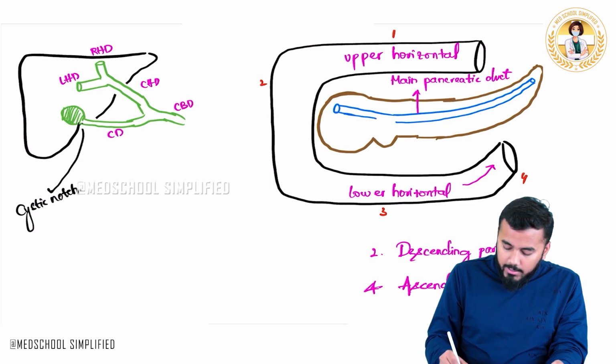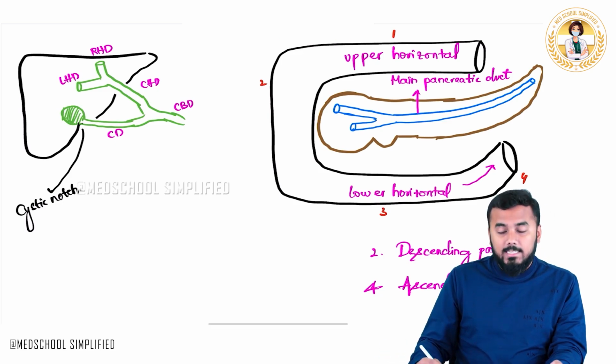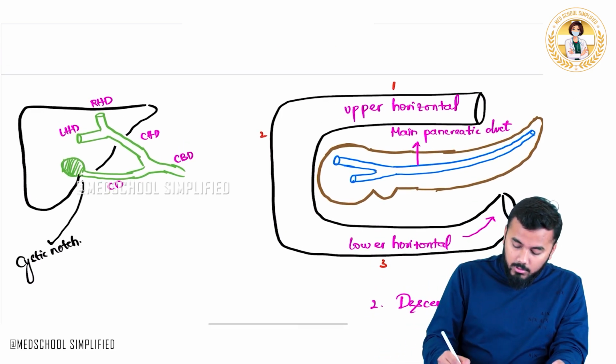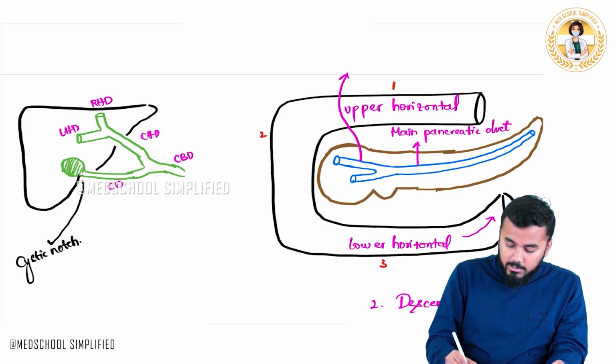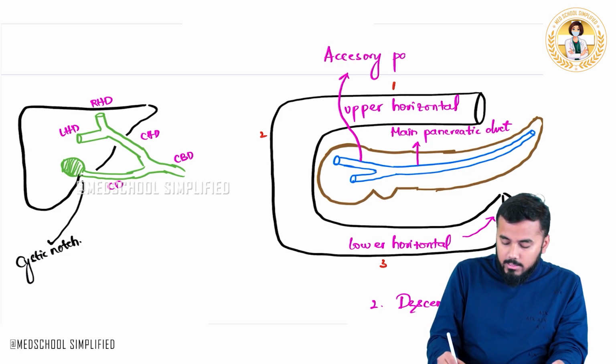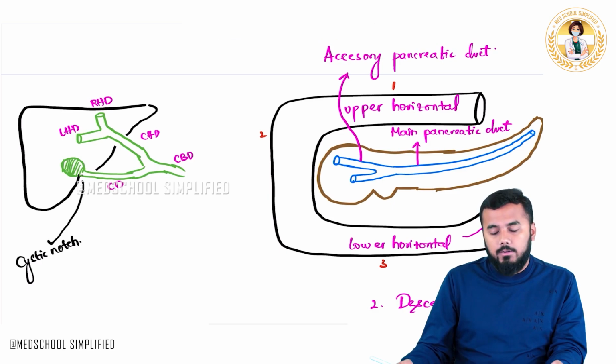Now what is the name of that branch? That is called as accessory pancreatic duct. I will write it down. So look here, this is the branch. This branch is called as accessory pancreatic duct.